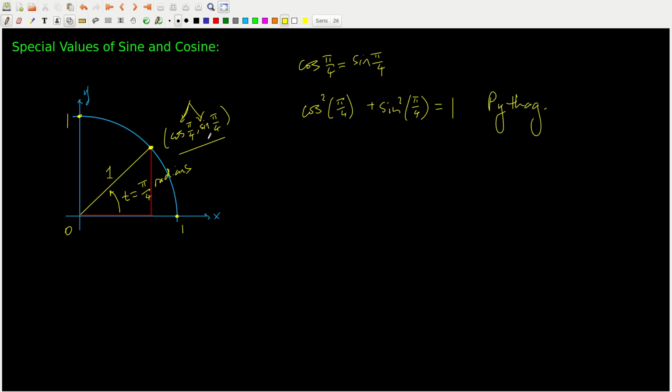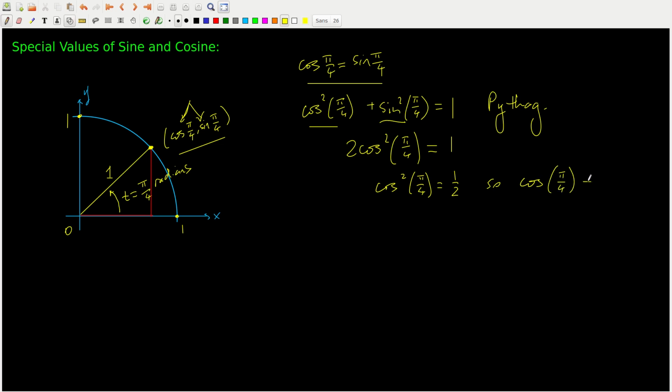Because sine and cosine are the same, I can just say, plugging in, this is two lots of, let's say, cosine, because sine and cosine are the same, so I'm going to call them both cosine. This is cosine squared, this is cosine squared. And so that means that cosine squared of pi over 4 is a half. And that tells us that the cosine of pi over 4 must be 1 over root 2. We know the x value is positive.